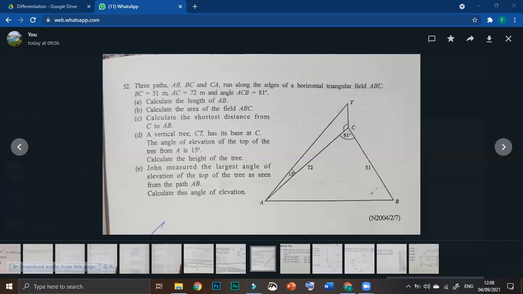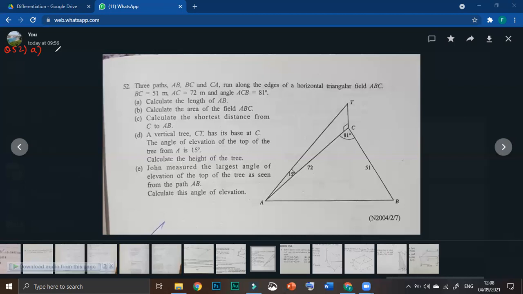How can we find out the length of AB? Which rule will we use? Sine rule. When do we use the sine rule and when do we use the cosine rule? What are the conditions to use the sine rule?